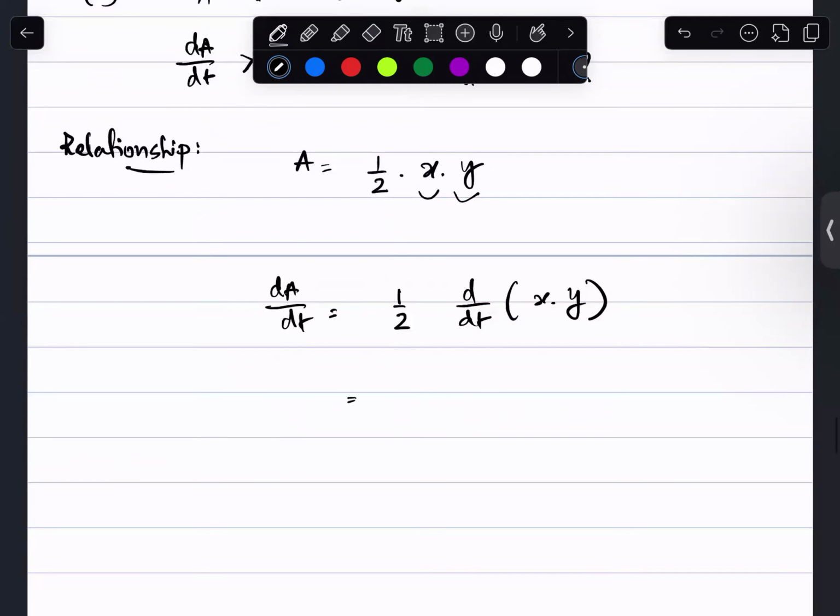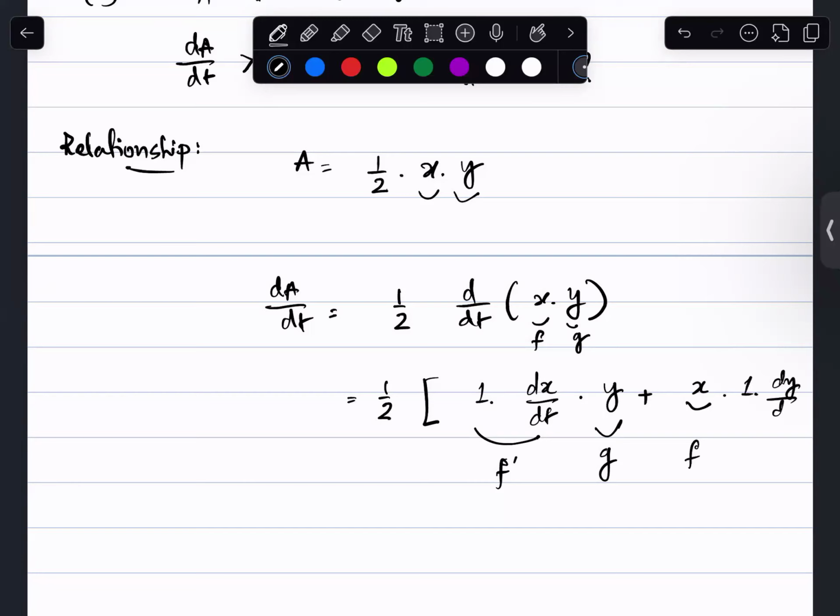Okay, so I have half outside, and then for x, I'll get 1 times dx/dt. This is f prime, times y, which is my g, plus now I have x as my f times 1 times dy/dt as my g prime.